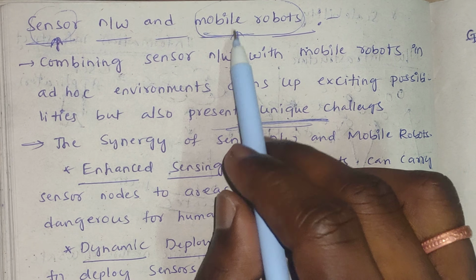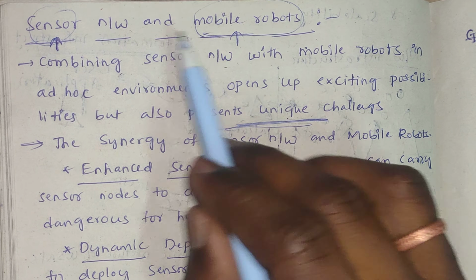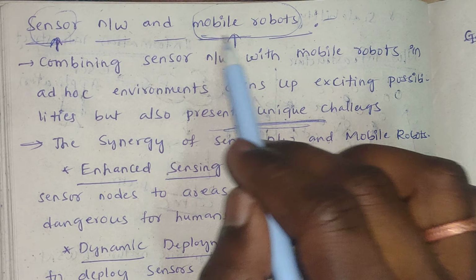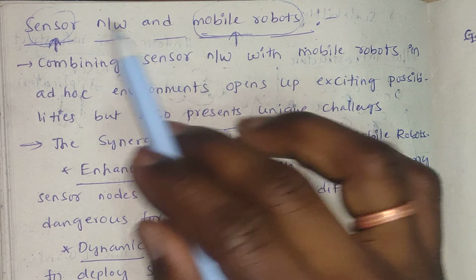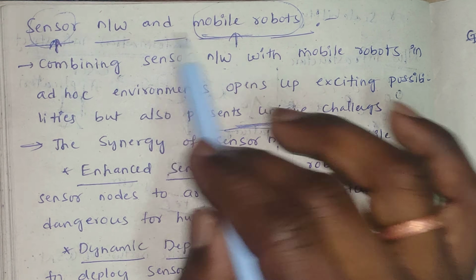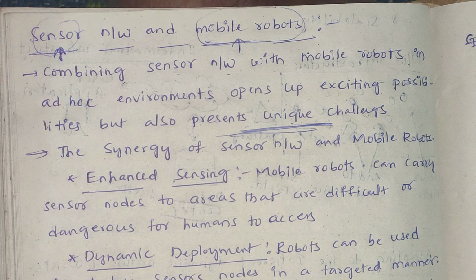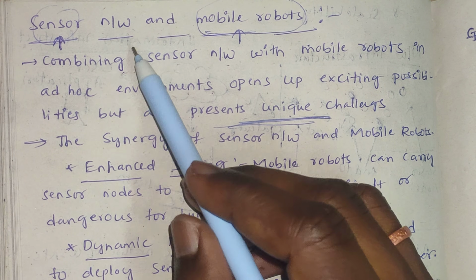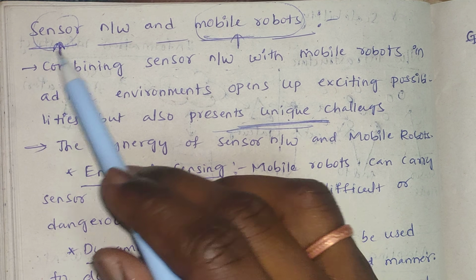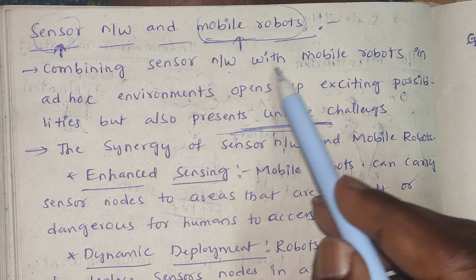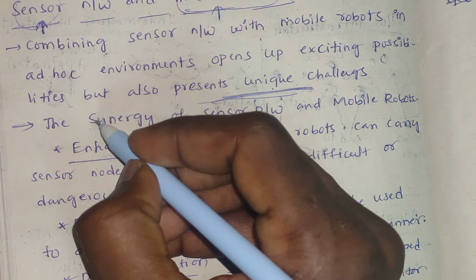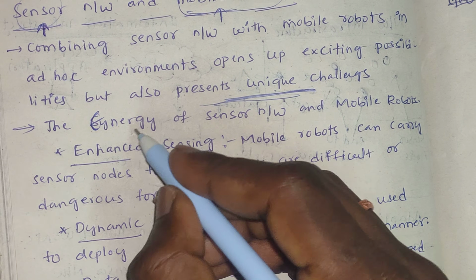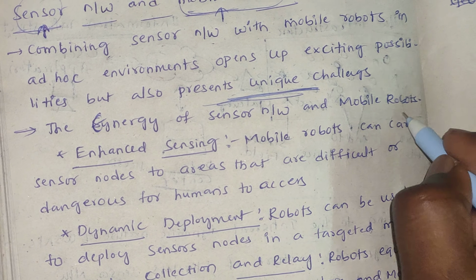And what is the sensor network and mobile robot? Through the sensor network, one operator can operate the mobile robot. Both are combined, and we are doing something extra, right? So it is a combination of a sensor network with the mobile robot. Next, the energy of sensor networks and mobile robots.